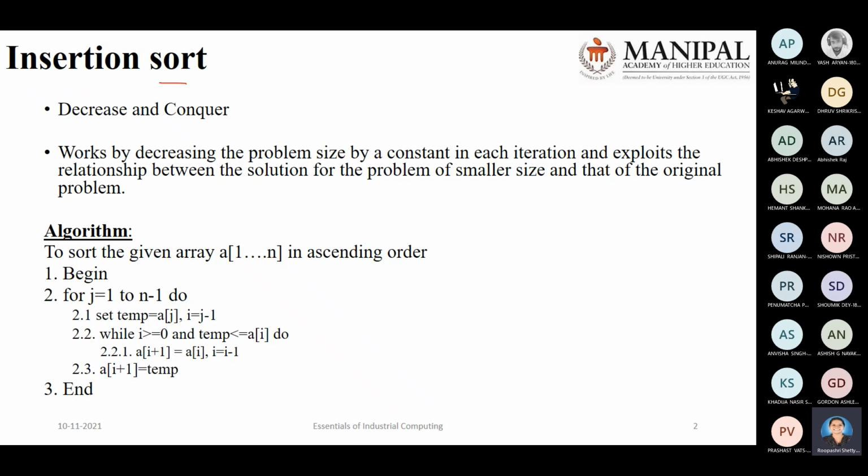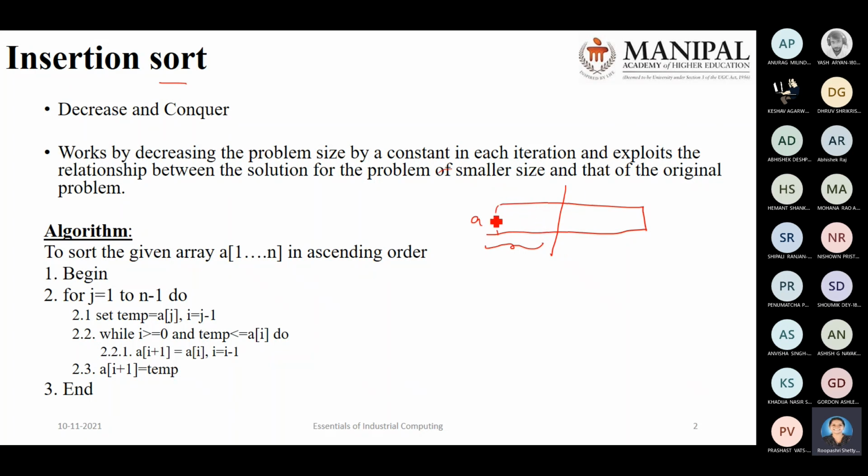Why the name decrease and conquer is, here insertion happens by decreasing the problem size. You have an array. You apply the method so that the array size is decreased, and you repeat the iteration on the problem of smaller size.